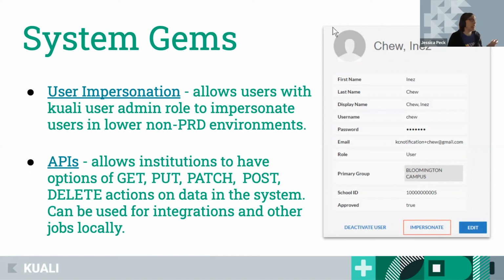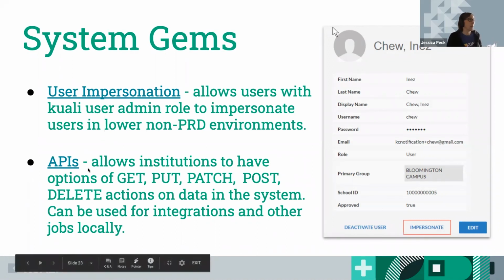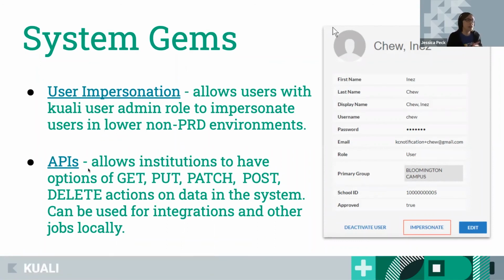And then last but not least is the APIs that we have. This is more of the tech heavy gem, but with this link here, I recently posted an API overview article that goes through what APIs are, how to use them, and some examples and where our API documentation lives. It really allows institutions to have options to get or actually put and post information or data in the system.